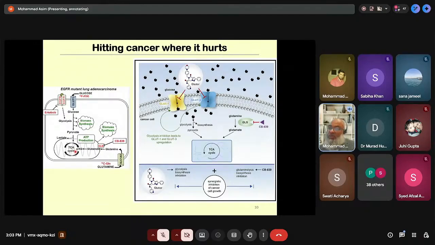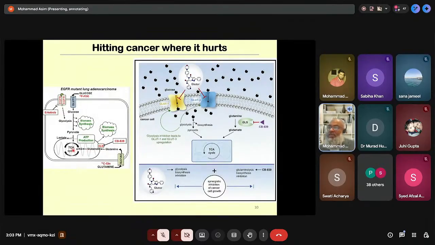But if you take a look at cells in culture which have deficiency of alpha ketoglutarate through IDH mutation, and you would expect to see alpha ketoglutarate is less, you may not find it. Why? Because it may be supplied through glutamine converting into glutamate and then entering the TCA cycle.